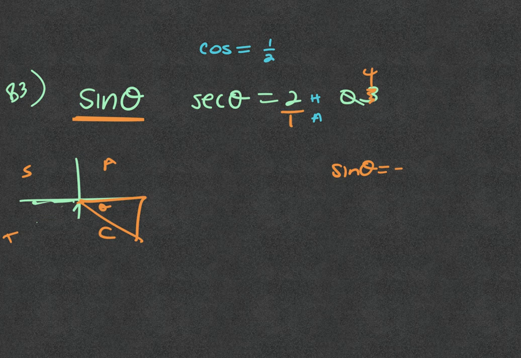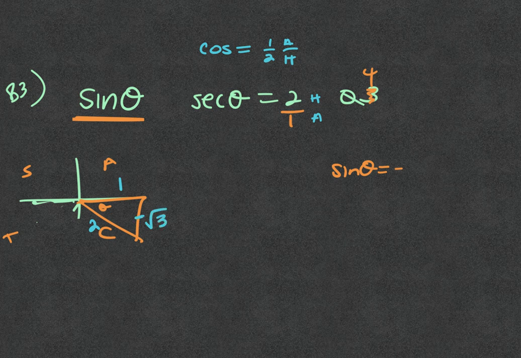So you either take the 2 over 1, flip it, and that's your cosine, adjacent over hypotenuse, or flip the letters: secant is hypotenuse over adjacent. So this would be 2 and this would be 1. And this would be root 3, but it's negative.